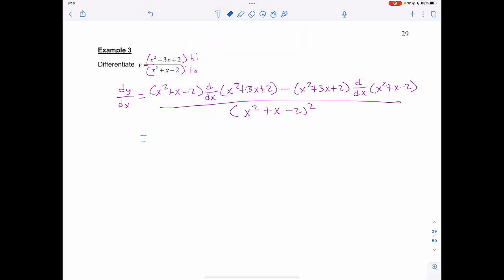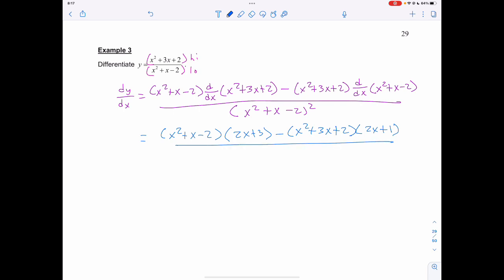This is going to give me x squared plus x minus 2 times 2x plus 3 minus x squared plus 3x plus 2 times 2x plus 1, and that's all over x squared plus x minus 2 squared.